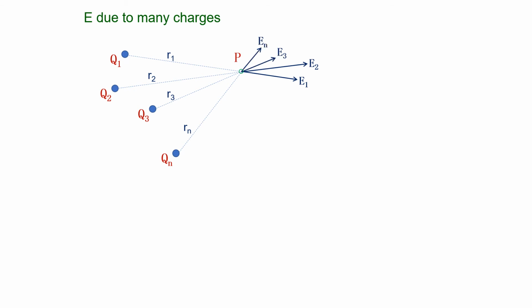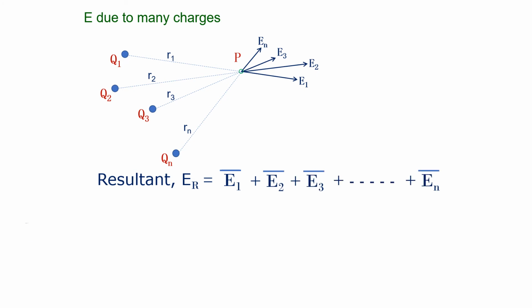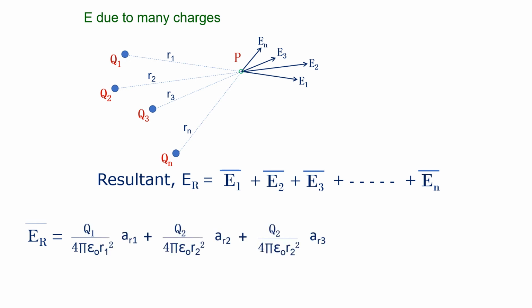Likewise, En will be away from Qn because we are considering all positive charges. The resultant Er will be the vectorial sum of E1, E2, E3 and so on to En. By writing the expressions for E1, E2, E3 and so on to En, you get the expression for Er.